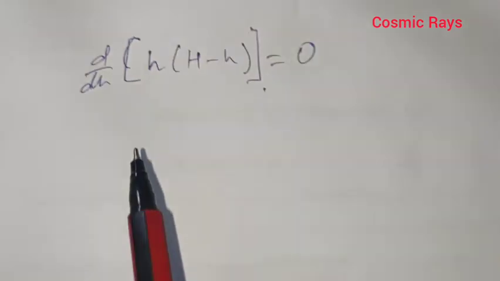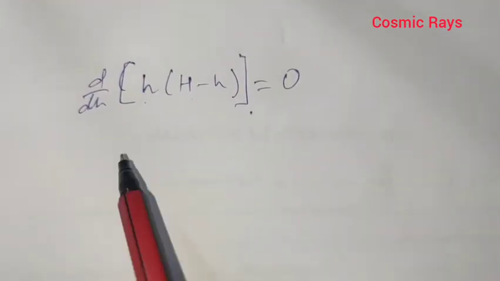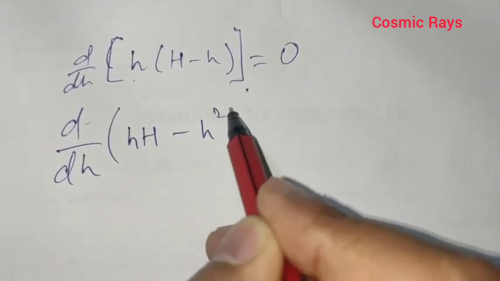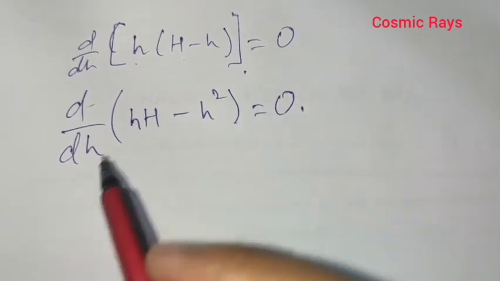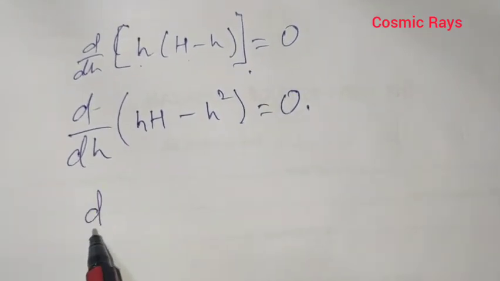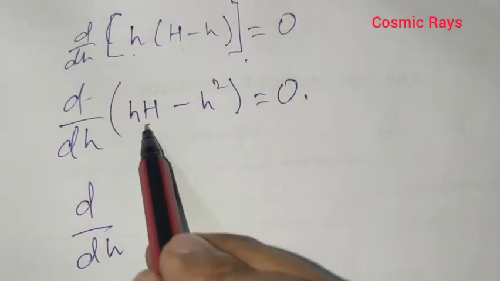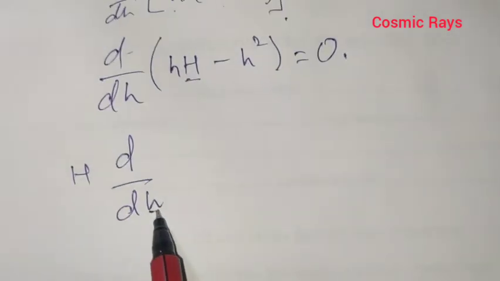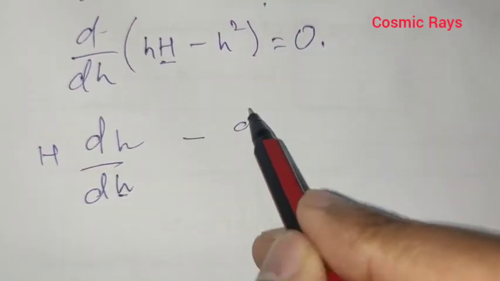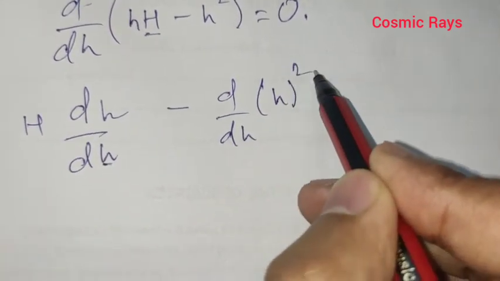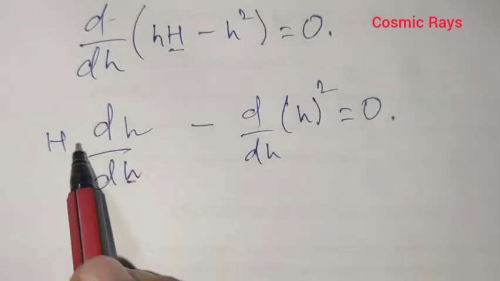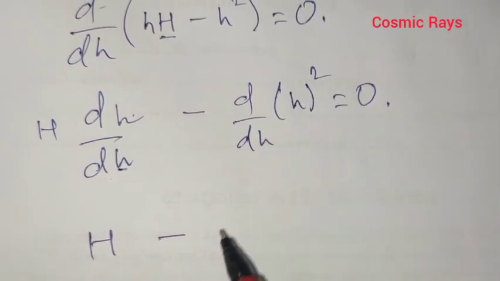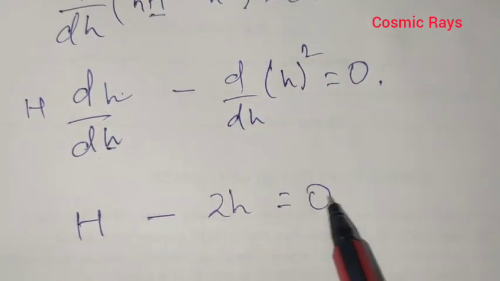So now first we multiply this h inside, and we have d/dh of Hh minus h square is equal to 0. So d/dh of this H comes out, since we are differentiating with respect to small h, into h minus d/dh of h square is equal to 0. So here d/dh of h is nothing but 1, minus d/dh of h square is 2h, equal to 0.